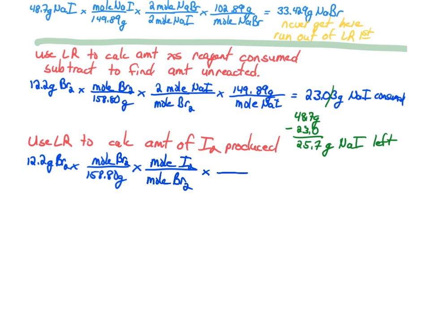So we multiply by our formula weight, 253.8 grams per mole. And that's going to give us 19.498 grams of iodine. And with 3 sig figs, 19.5 grams of iodine.